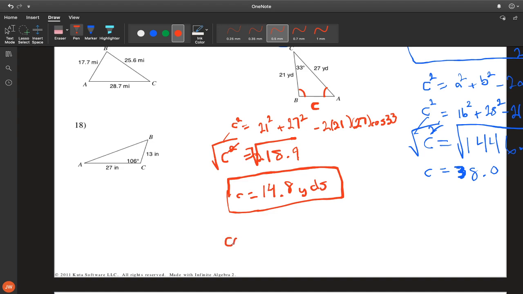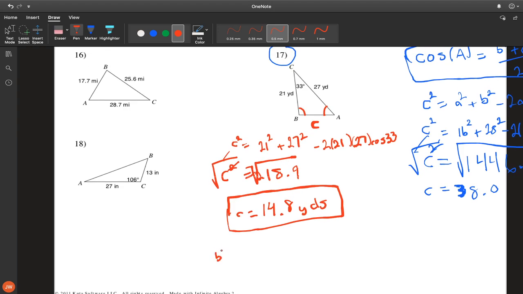So cosine of angle B is going to be equal to, we're going to have to rearrange it for cosine B. Here, let me show you without the rearranged formula. In fact, we'll rearrange it ourselves. Say, for example, you forgot the rearranged version of the formula on the test, you can always rearrange it for yourself.